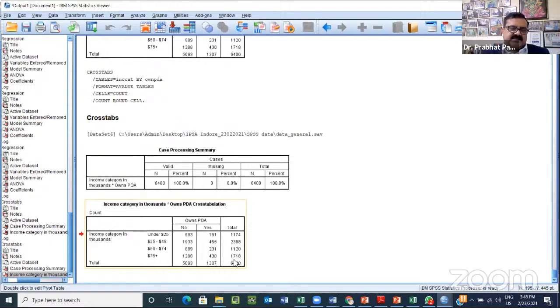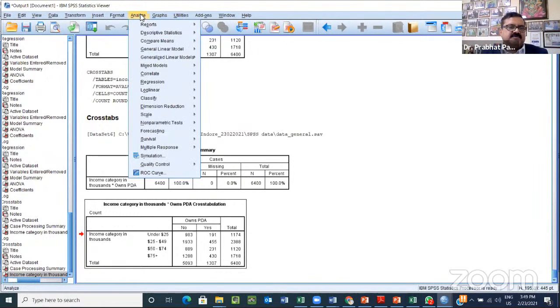But it has to be with respect to the total people who were asked. So if you look at here, 1,174 people were asked. Here, 2,388 people were asked. So it is not the absolute number that will represent the relationship between the two variables, but it's the relative number that will actually give us some idea.